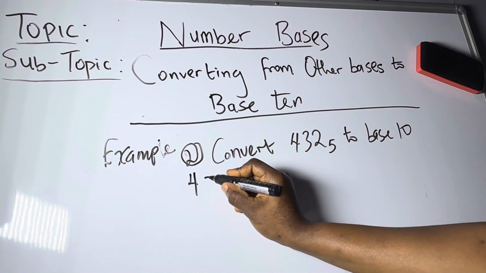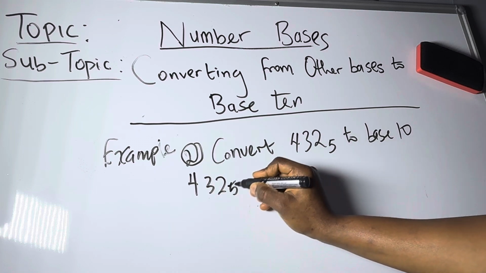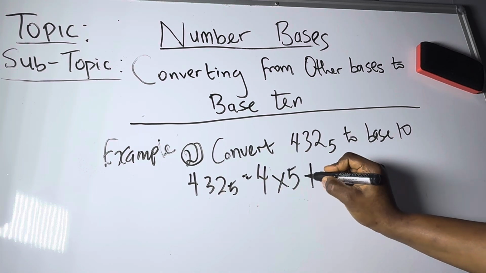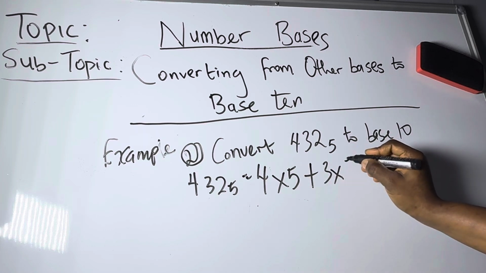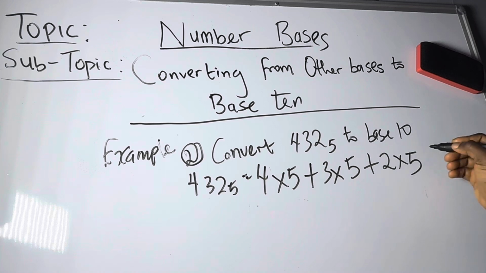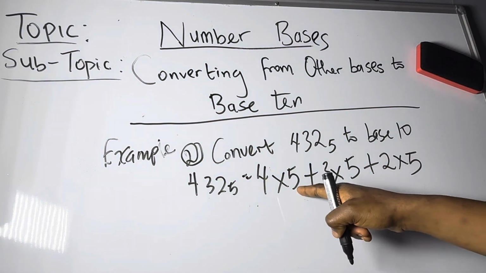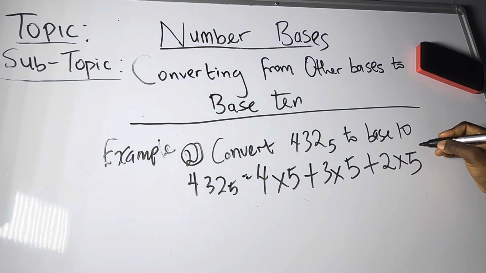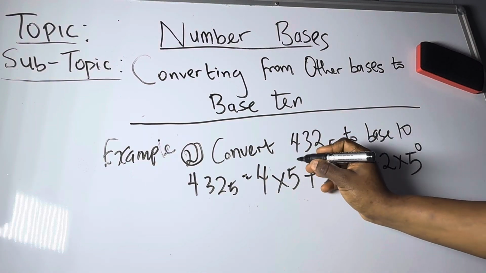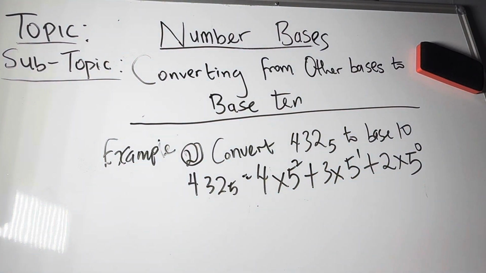So still using the expanded method by saying 4 multiplied by 5 plus 3 multiplied by 5 plus 2 multiplied by 5. So I'm going to raise the base starting with the power of 0, followed by 1, followed by 2.